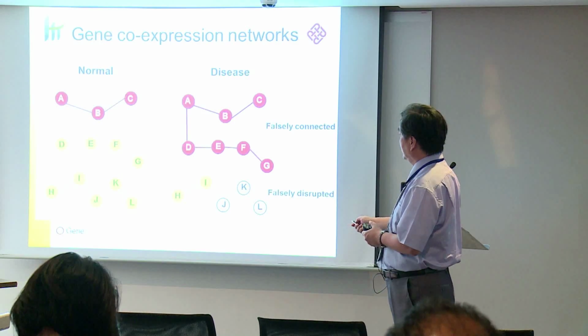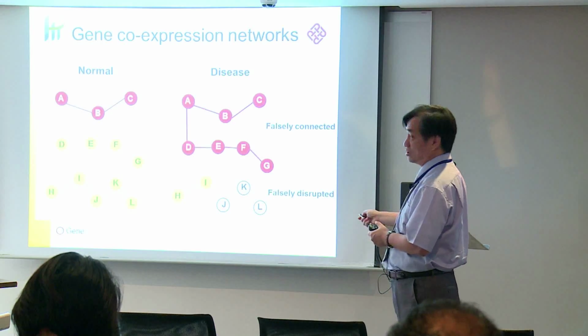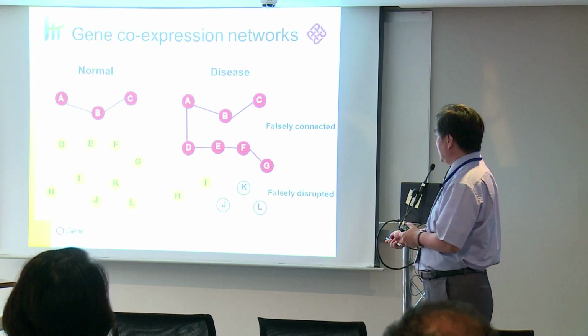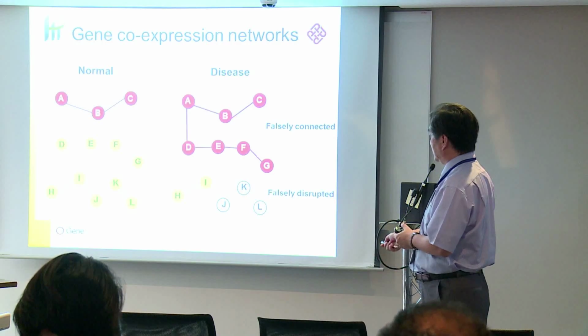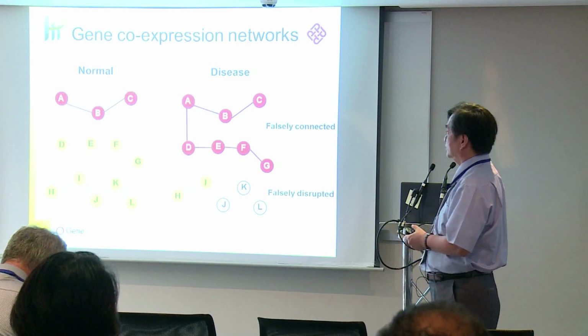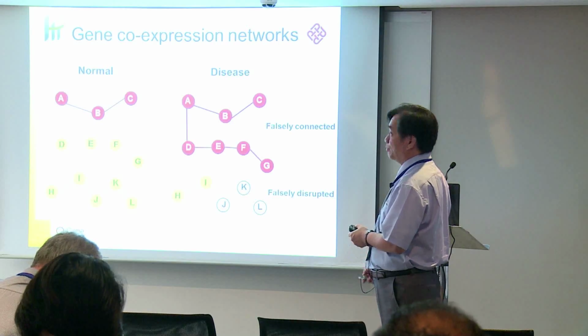Before they were not connected, but here D, E, F, G connect with A, B, C. This group of genes co-express together. And some genes are disconnected, compared with the normal. So this is the co-expression network we try to establish.